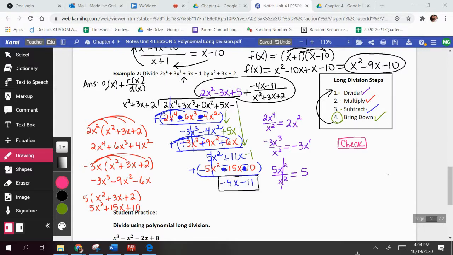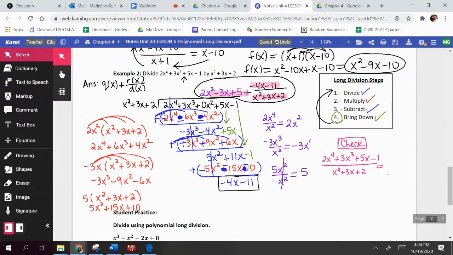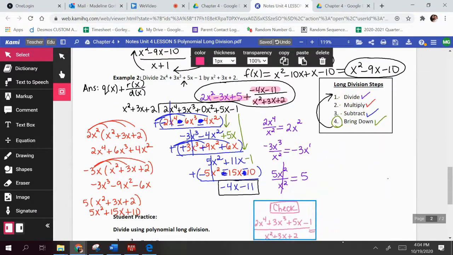Like I took this original polynomial, 2x to the 4th plus 3x cubed plus 5x minus 1, and I divided it by x squared plus 3x plus 2, and my answer that I got was this whole thing, right? That was my answer. I'll move it down here for now.